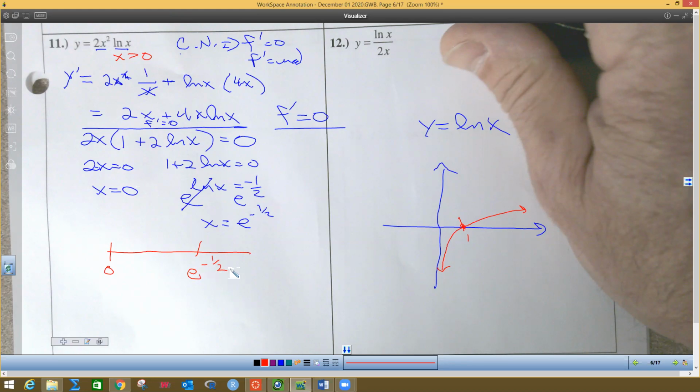Now what I need to realize is I kind of need to find out what e to the negative 1/2 power is. Now this doesn't say I'm supposed to use a calculator. So what I probably need to know is this is 1 over e to the positive 1/2 power, which is actually 1 over the square root of e.